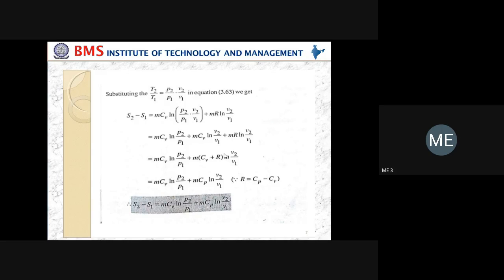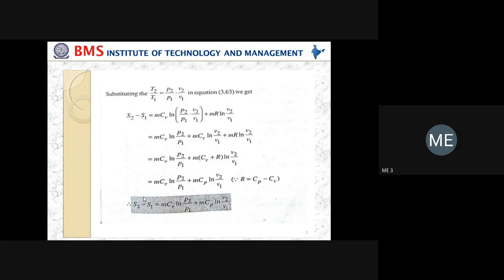Okay, next you write the first term as it is, m Cv ln P2 by P1, and Cv plus R, as I said, is nothing but your Cp, because R equals Cp minus Cv, so Cp equals Cv plus R. You replace the term Cv plus R with Cp, so m Cp into ln V2 by V1.